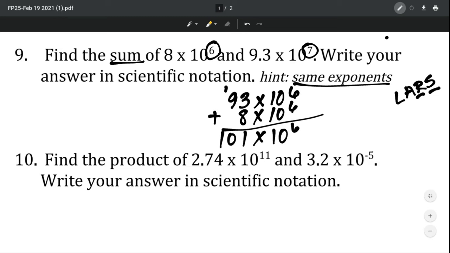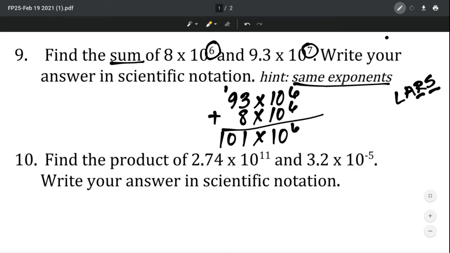Now, what's wrong with that, guys? Is it in scientific notation right now? Remember, the first number has to be between 1 and 10, right? And it's way too big.